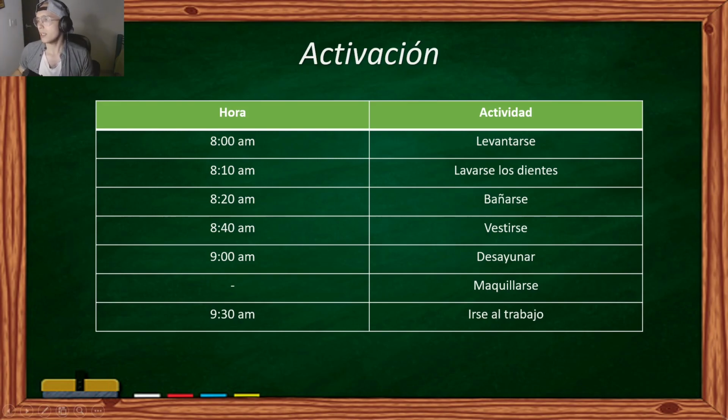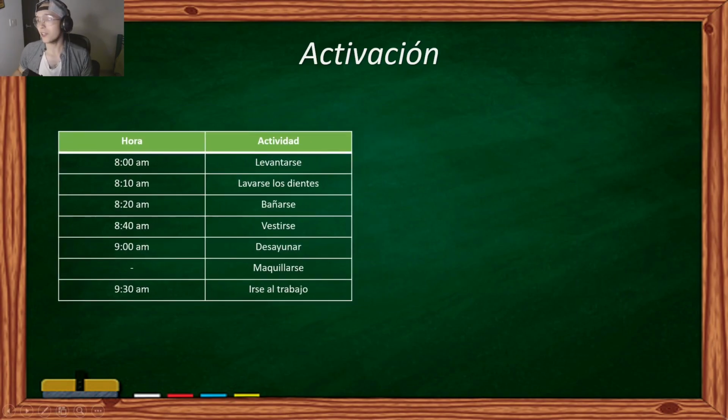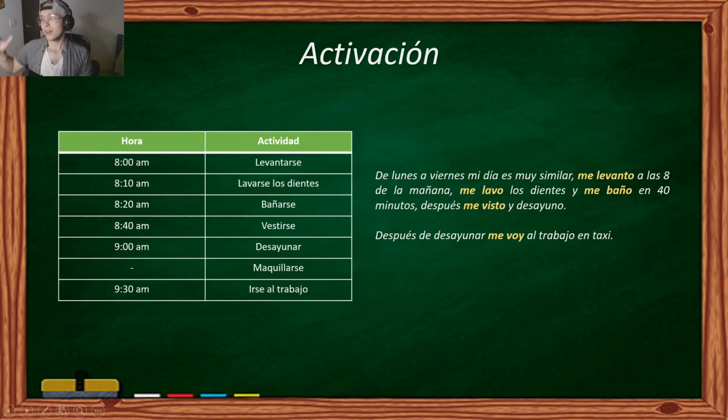So if we make a little activity based on this schedule, we can say something like, de lunes a viernes, mi día es muy similar. From Monday to Friday, my day is very similar. Me levanto a las 8 de la mañana. Me lavo los dientes y me baño en 40 minutos.